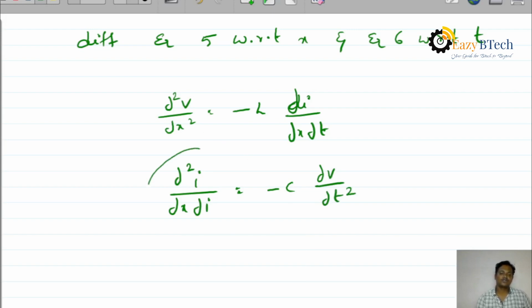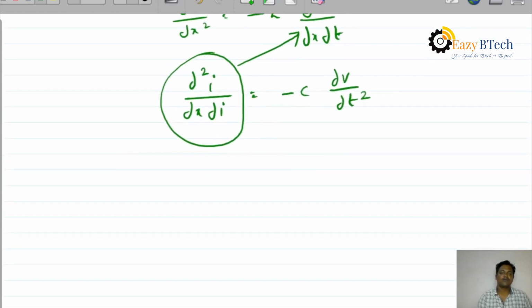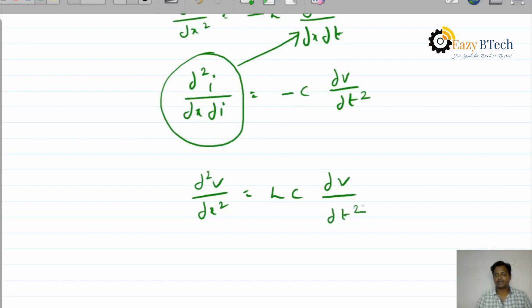If you substitute this here, dou square v by dou x square becomes L C dou square v by dou t square.